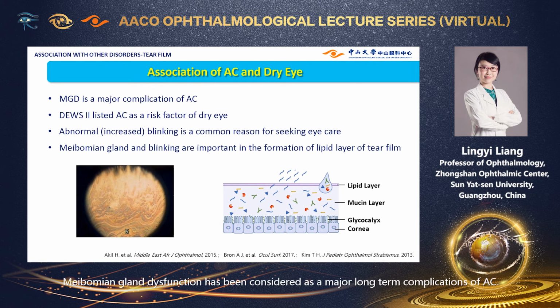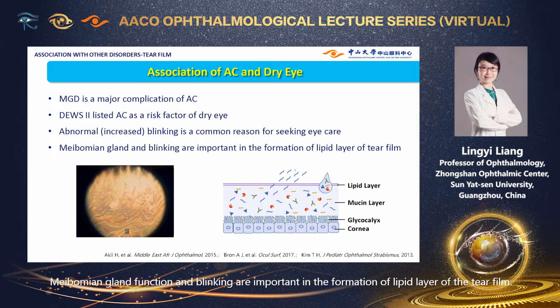Meibomian gland dysfunction has been considered a major long-term complication of AC. Therefore, AC has been listed as a risk factor of evaporative dry eye. Abnormal blinking is a common complaint of parents who seek eye care for their kids with AC.